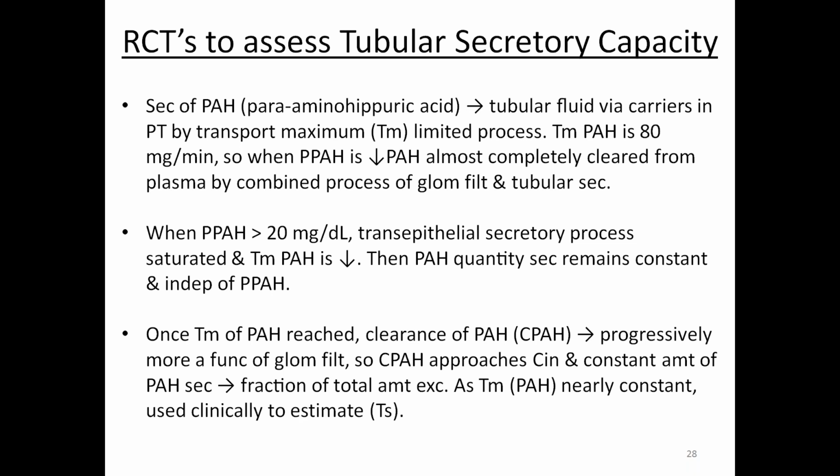So it approaches inulin, and a constant amount of PAH is secreted, which is a smaller fraction of the total amount excreted. And because the TM of PAH is nearly constant, it is used to estimate tubular secretory capacity clinically.